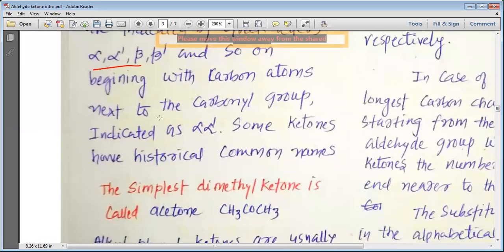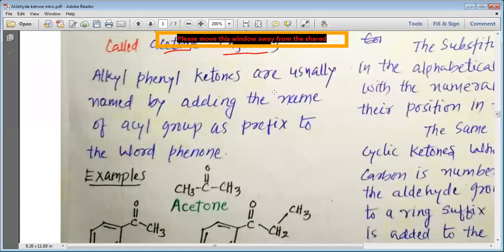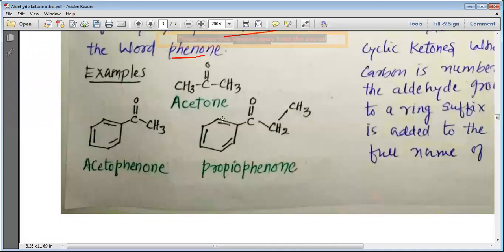Begin with the carbon atom next to the carbonyl group, indicated as alpha, alpha dash. Some ketones have historical common names. The simplest, dimethyl ketone, is known as acetone. Alkyl phenyl ketones are usually named by adding the name of the acyl group as a prefix to the word phenone.